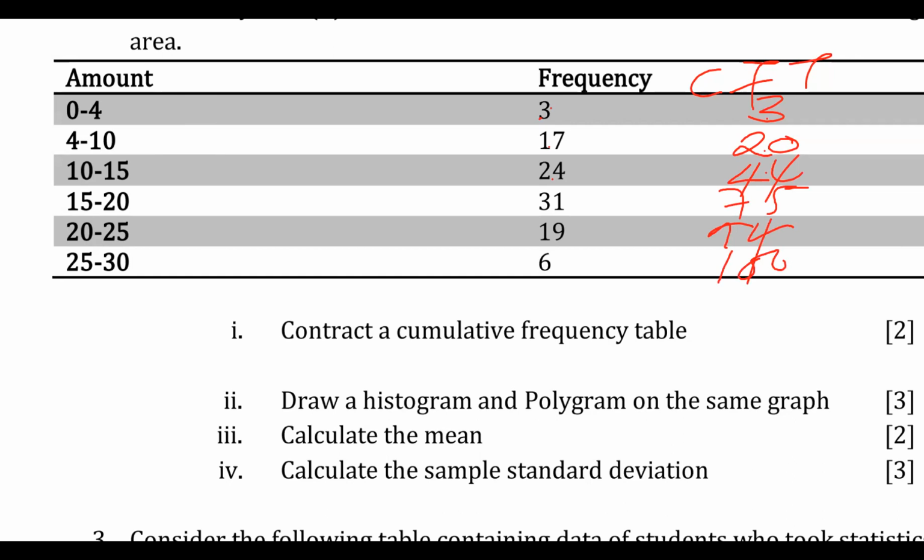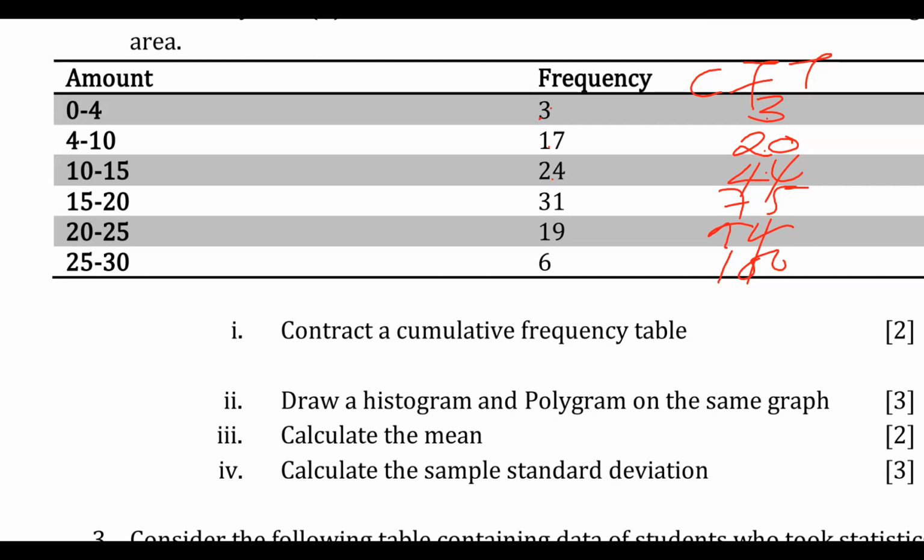When you accumulate the frequencies, you end up with the total frequency. You're told these students were 100 in total, so that's how you get that 100. This is how you make a cumulative frequency table.